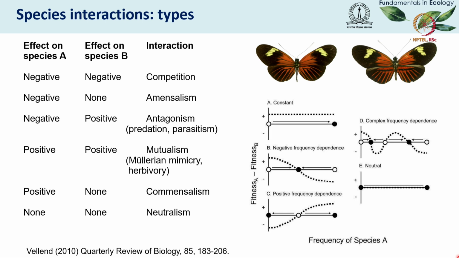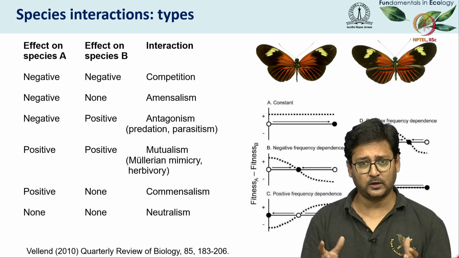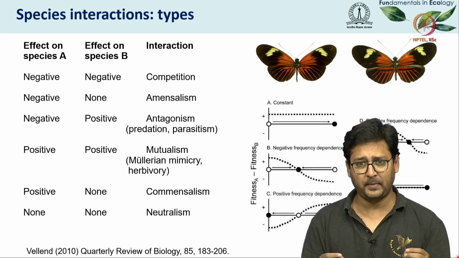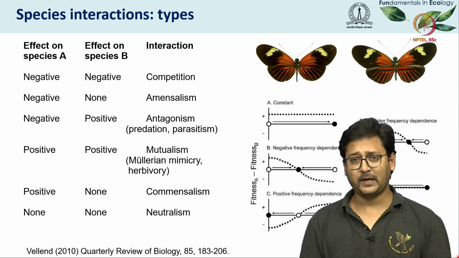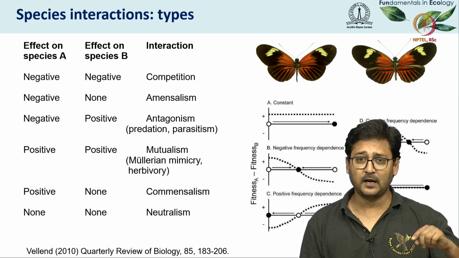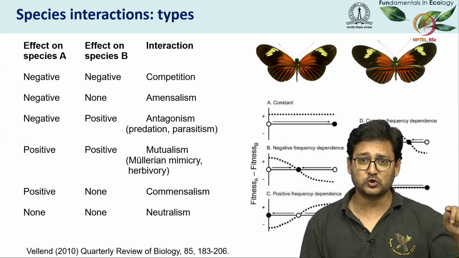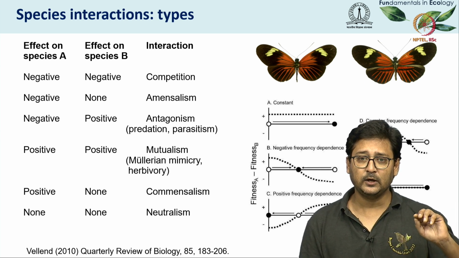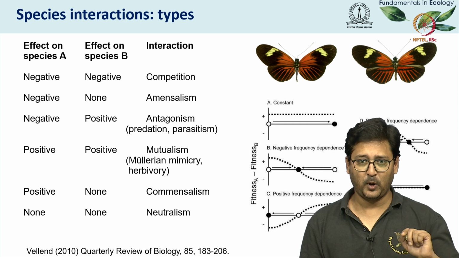If you recall the population ecology module, there is this density dependent growth that follows a logistic pattern, and what happens is, as you keep increasing the number of individuals in that population, as that number becomes close to carrying capacity, the growth rate of the population comes down.